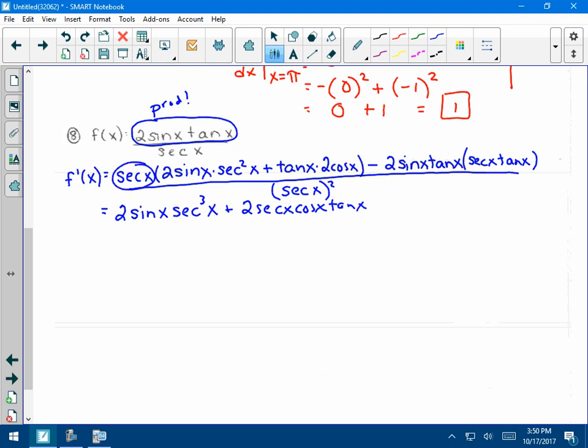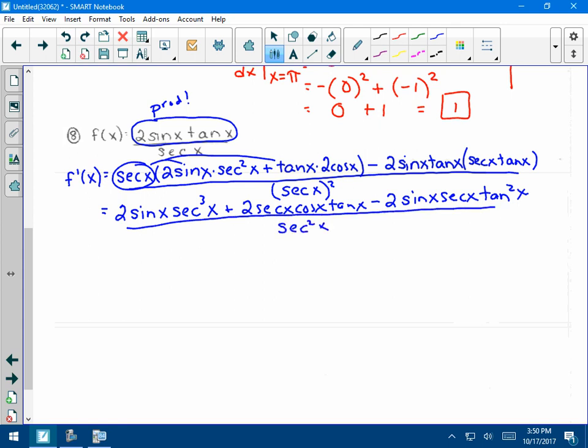That's just taking this secant and distributing it. Over here, that's all one big piece. So it's minus 2 sine x secant x tan squared x all over, I'm going to write this as secant squared x.